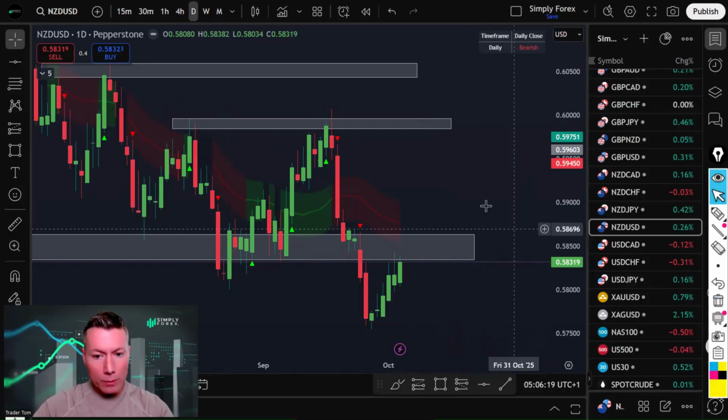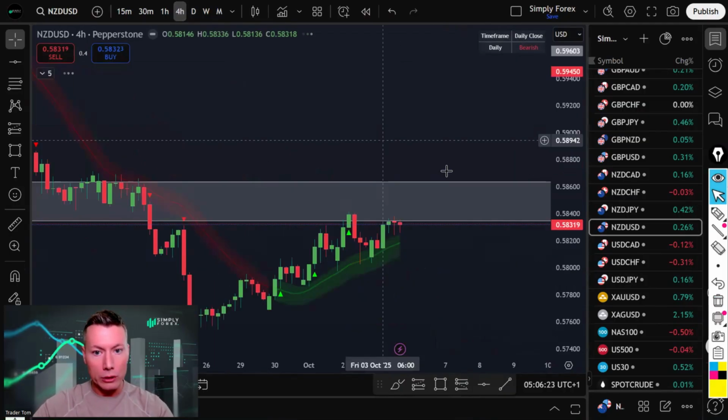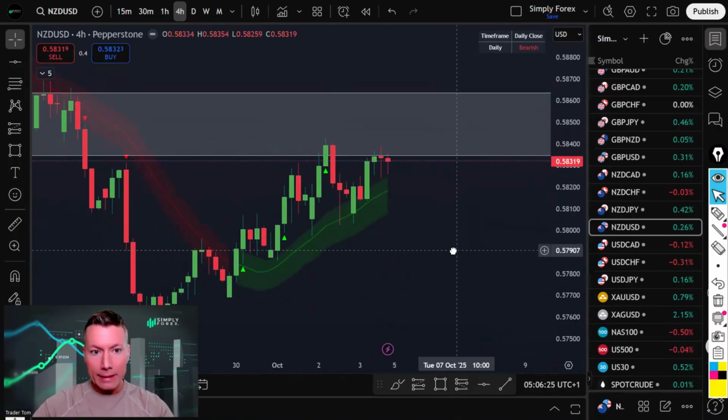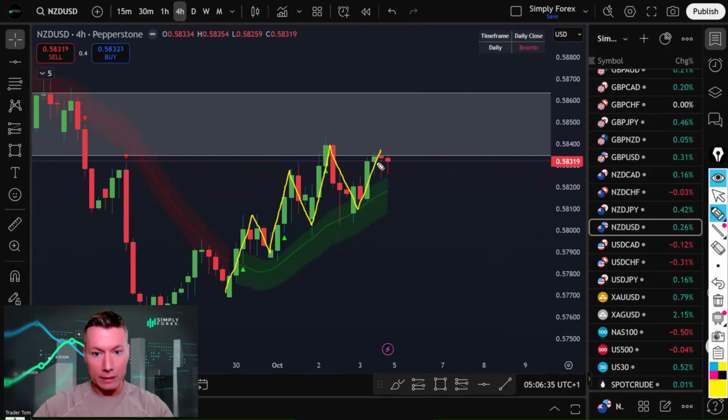And in terms of price action, because obviously I said I'm going to show you what I look for in terms of price action, this is the H4, and this is my entry time frame. Now, what I'll be looking for is this, guys. Once price comes up into this resistance level, this gray zone that we just looked at, what I want to see is something like this.